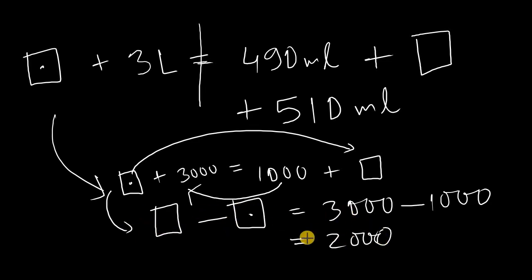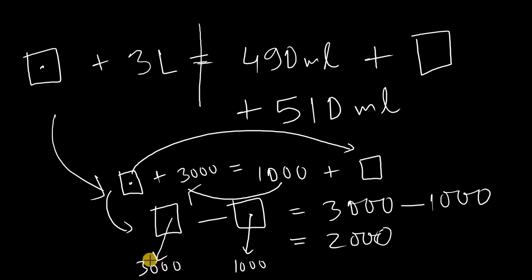Now how are you going to solve this problem? Again, just like the previous case, you can solve this. You say that suppose this is my 3000 and this is my 1000. Then 3000 minus 1000 is equal to 2000.